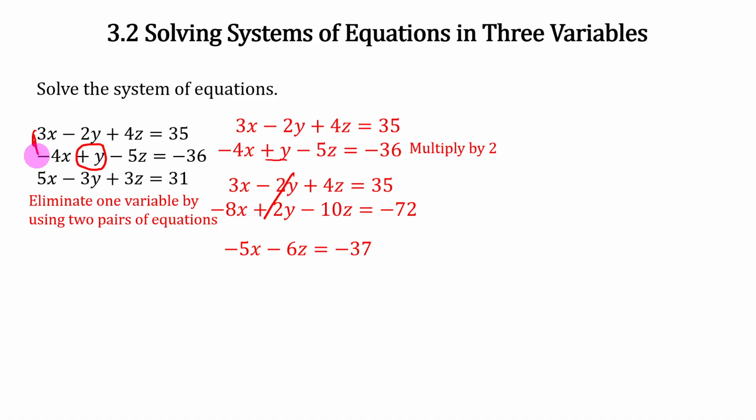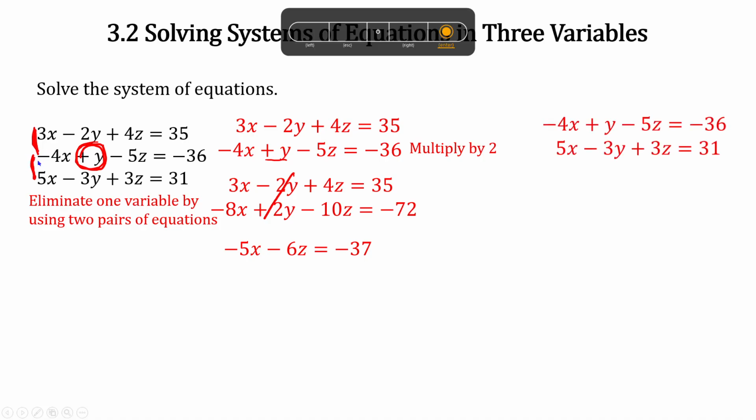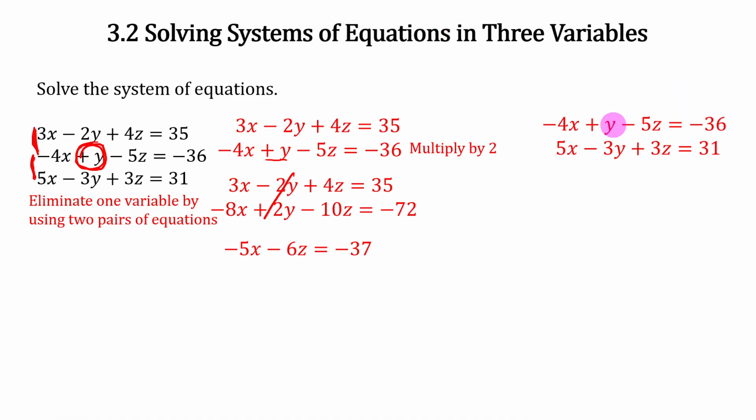What I'm going to do now is not use the same pair. I'm not going to use these two. I need to use a different pair, so I need to involve this one somehow. Well, again, this looks like my easiest thing to use. So I'm going to use these two equations. Again, I can see if I multiply everything by 3, this will become plus 3y, which will cancel out my y's.